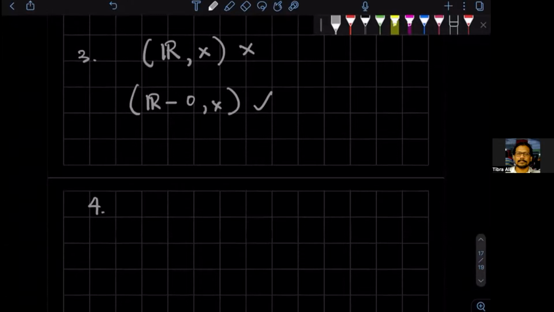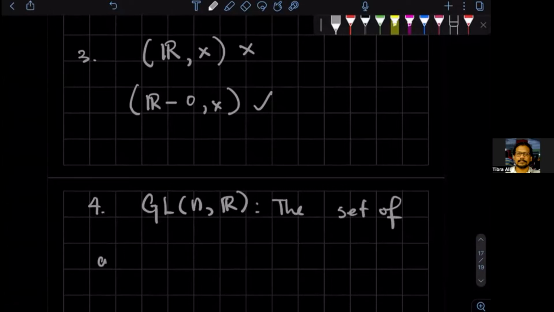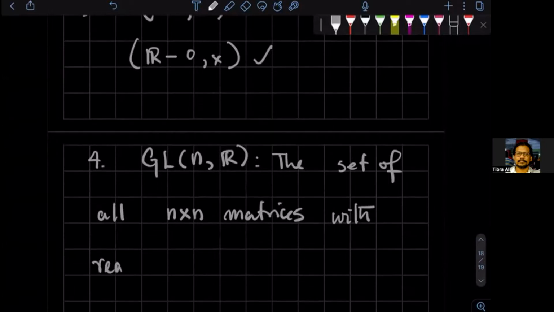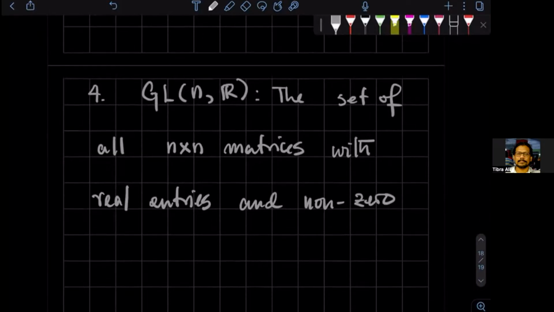So this is a group which is defined in terms of matrices. This group is called GLNR, and it consists of the set of all n by n matrices with real entries and non-zero determinant, okay?